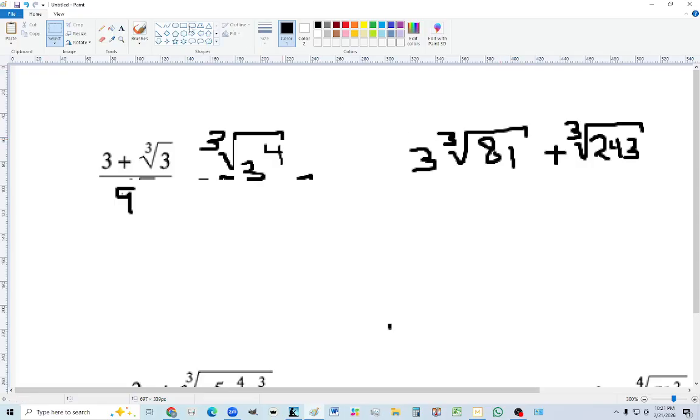So we'll leave this one the same. But this one here, when I look at the 3's, it becomes 3 to the power of 5. Right? This can be changed to 3 to the power of 5. This is easily proven by taking 3 and putting it to the power of 5.